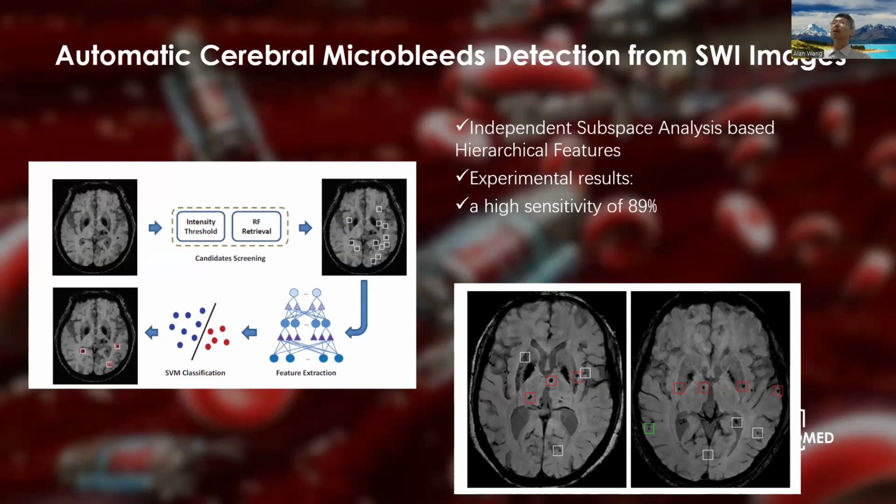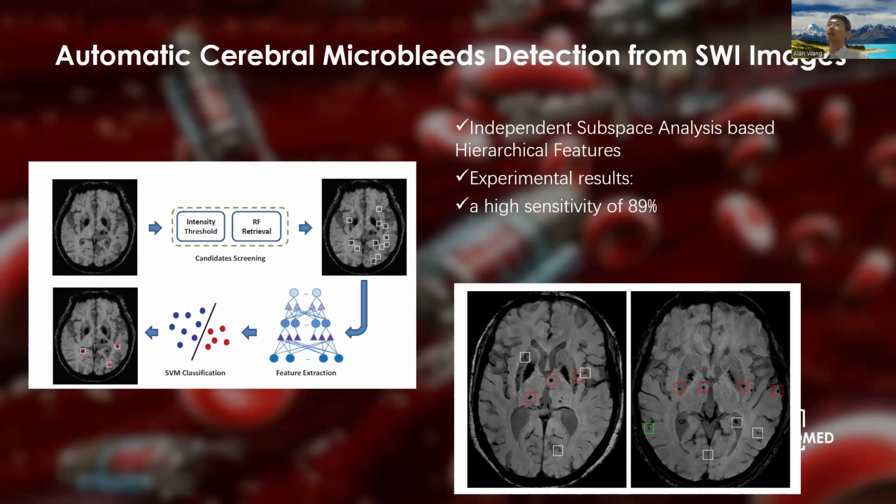Within this kind of scenario, machine learning or deep learning methods can be very helpful to identify this kind of small lesion, for example, microbleeds. In neuroimaging, for example MRI data, we can see that the appearance of microbleeds could be very similar to the appearance of vessels.